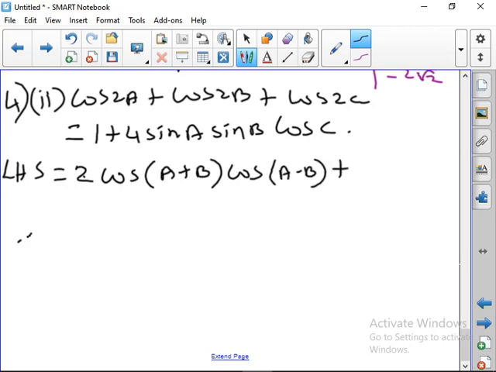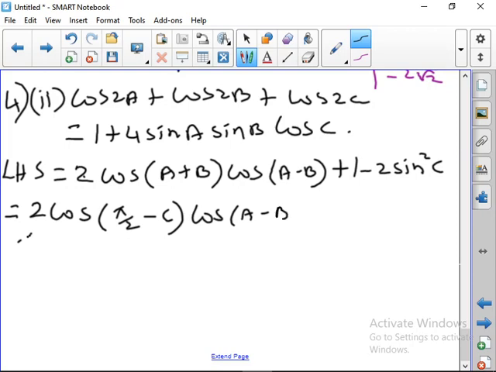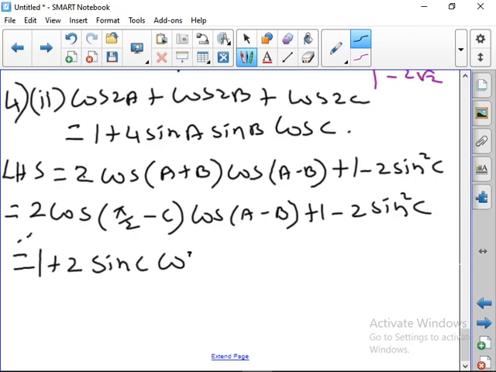Plus cos 2c we can write it as 1 minus 2 sin square c. So it is equal to, now a plus b we can write it as pi by 2 minus c and cos a minus b plus 1 minus 2 sin square c. So it is equal to, plus 1 will bring it to the front, cos 90 minus theta is sin theta. So 2 sin c cos a minus b minus 2 sin square c.